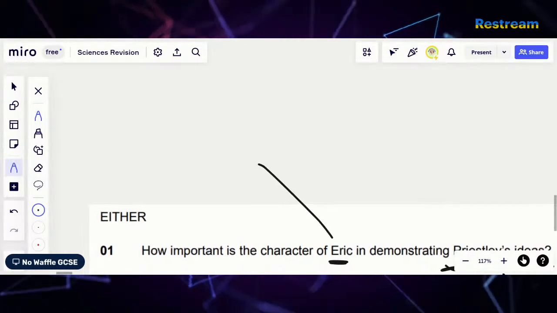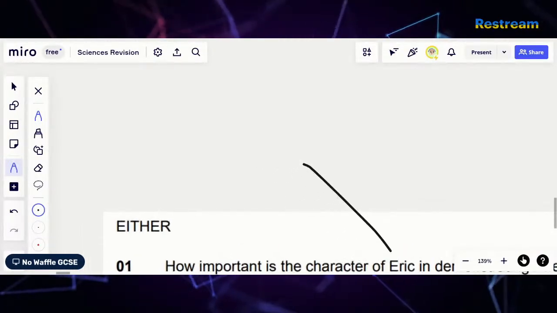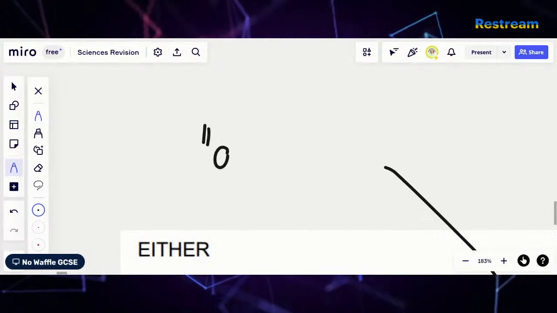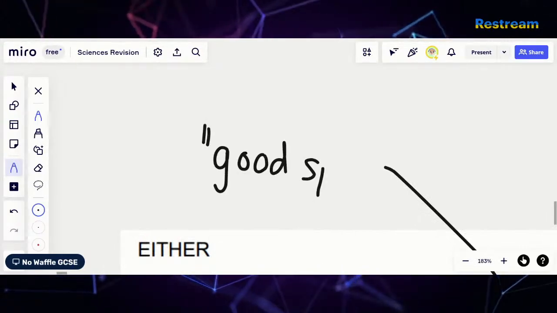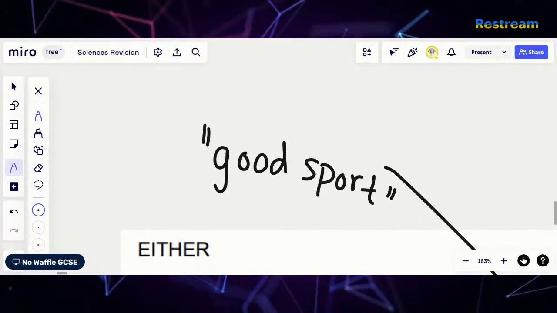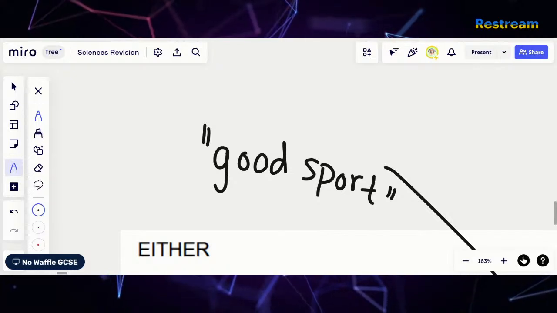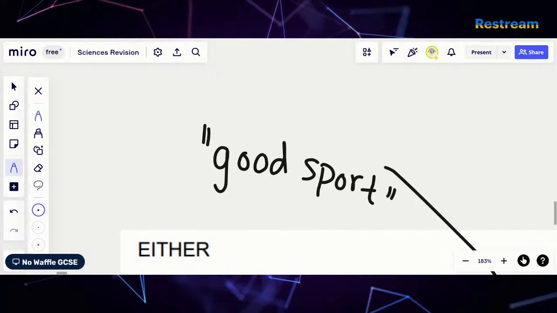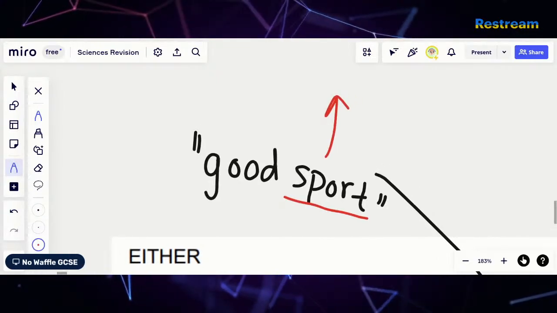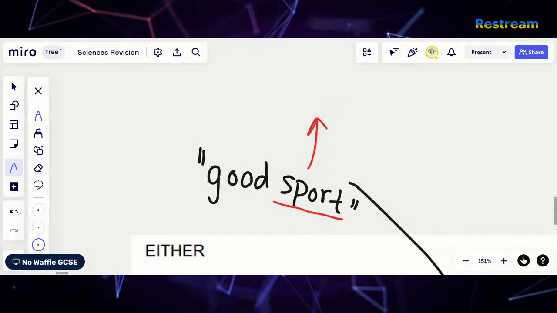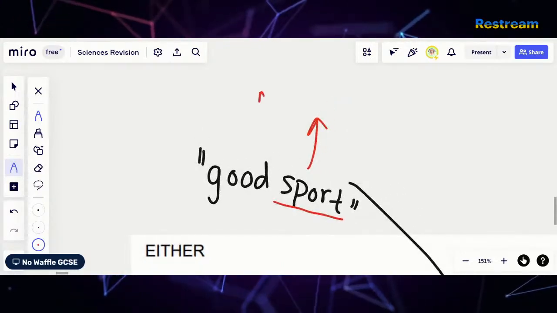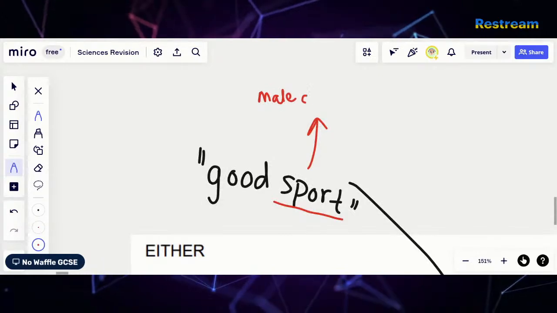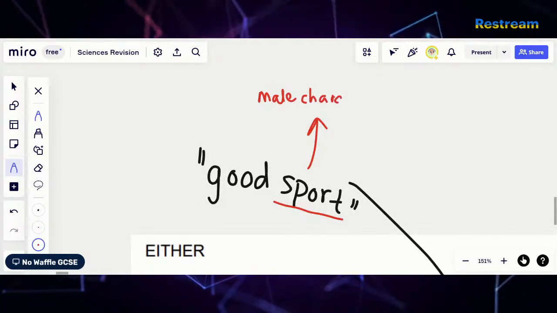So I'm going to start with the quote about Eric: "good sport." This is Eric describing Eva Smith. He says she's a good sport. Now, this idea of sport in reference to a person exposes how a lot of the male characters mistreat Eva.